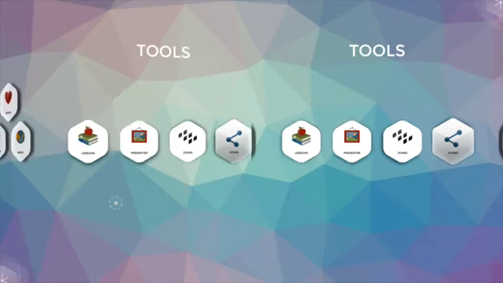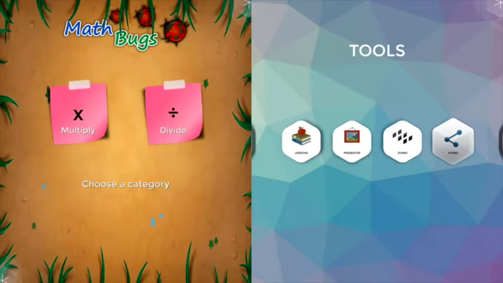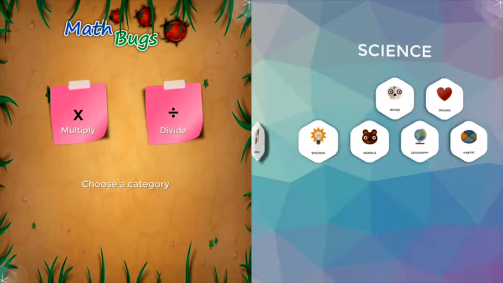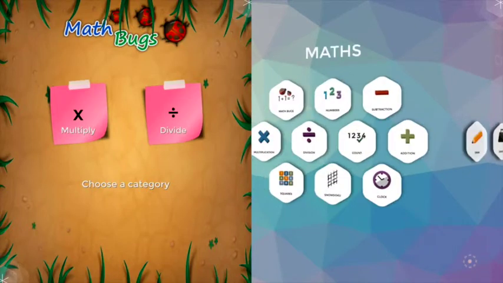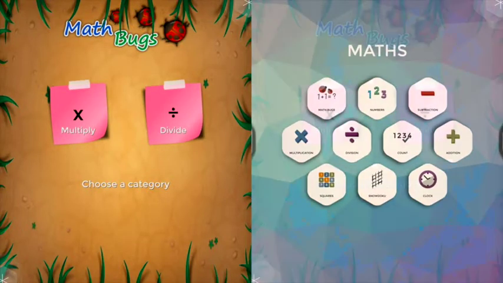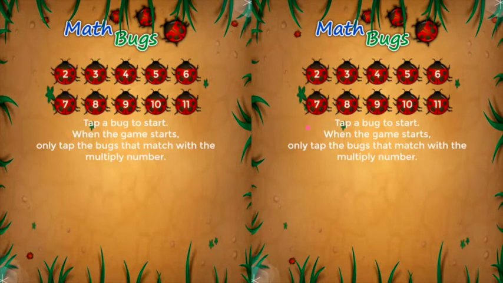So what I'll do is I'll head over to MathBugs, is a good one. And then on the other screen, I go to MathBugs as well. And what I can do here is let kids compete with each other. So let's say they both choose the table of 5.